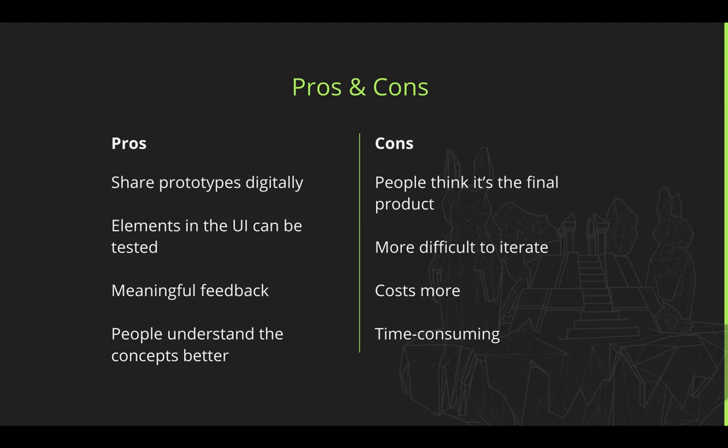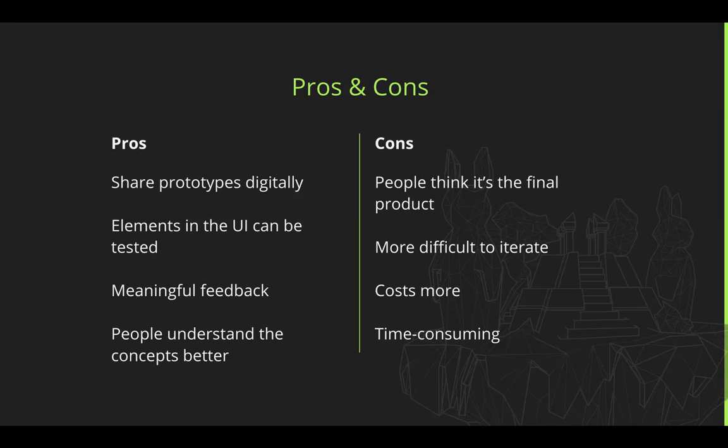You tend to get a lot more meaningful feedback since it is very close to the actual product. People can give more meaningful feedback and many times look past the UI because you already have it. And people tend to understand the concepts better since it's so close to the actual product and you're using actual UI components that will be in your final product.